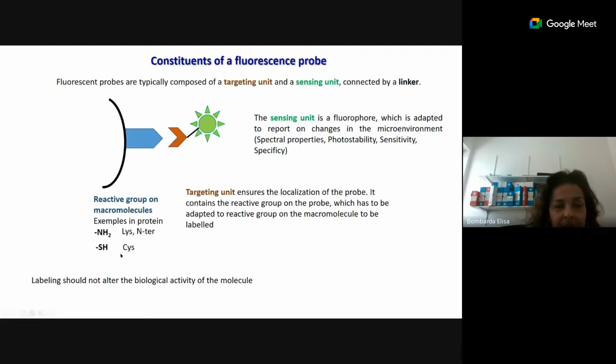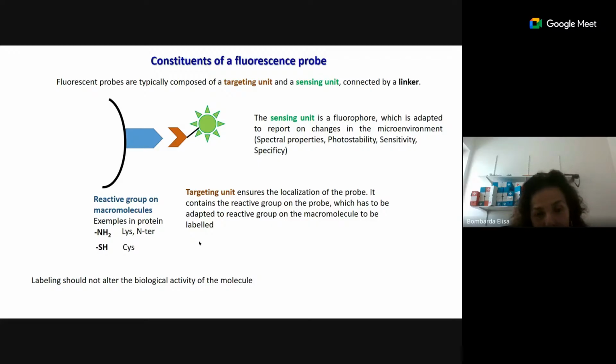And so here is just an example in the case of proteins. Often the reactive groups are the amine or the thiol, and we will see, but that is schematically how labeling has to be done. And of course, an important point is that the labeling principle should not alter your system.